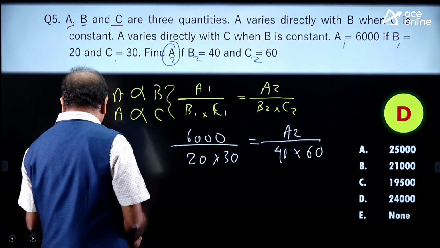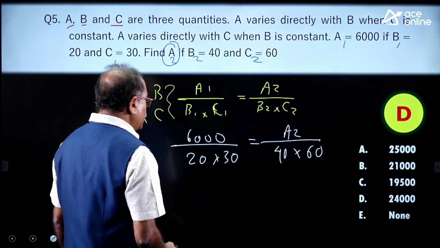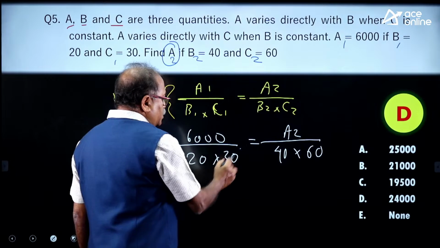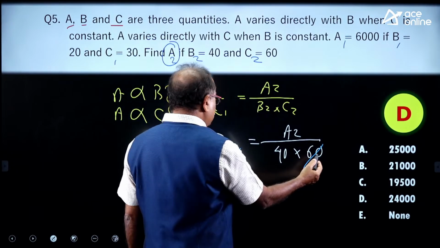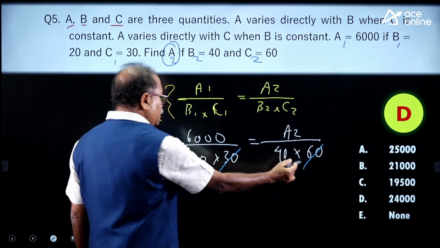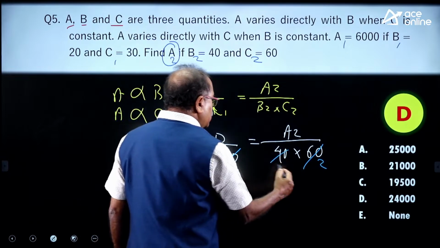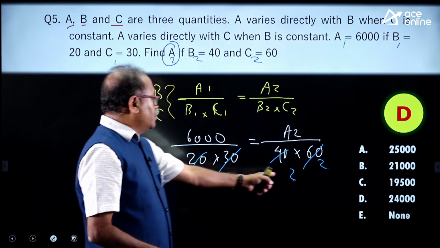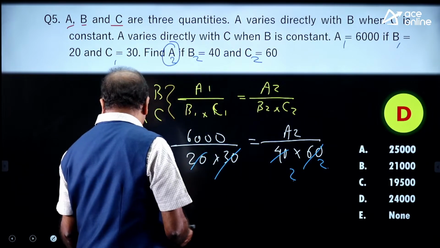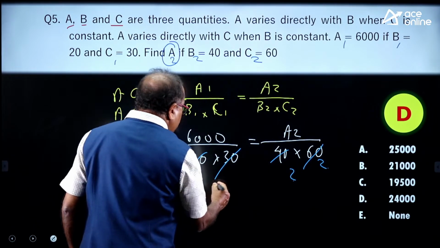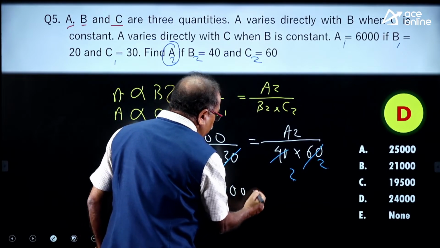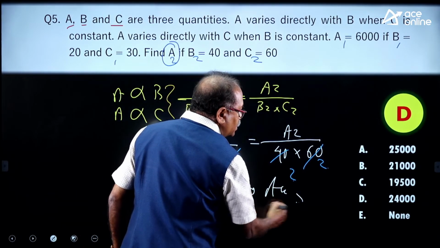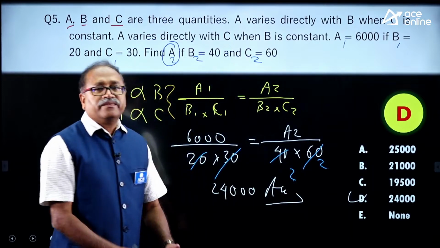So simply cancelling, you get the required result. This and this get cancelled. There is 2 times and 2 times, and this gets cancelled 2 times. With 2 you are multiplying 12,000 by 4, and 6 4s are 24,000. Right? Rightly answered, my dear friend. 24,000. That's your answer. Option choice is D.